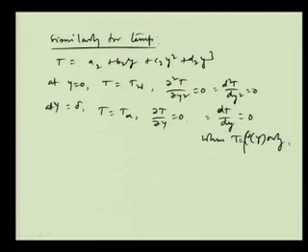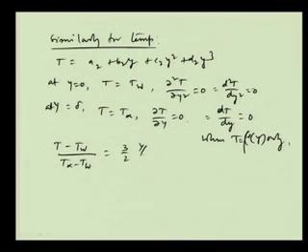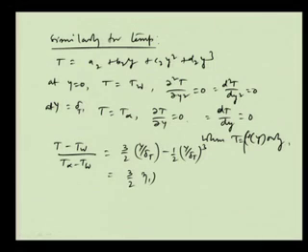Then, putting in exactly the same way, we can get T minus T w by T infinity minus T w, which is the temperature profile, and that should be 3 by 2 y by delta t, here it should be delta t, the thermal boundary layer thickness, minus half y by delta t whole cube. Okay. So, this is equal to 3 by 2 eta 1 minus half eta 1 whole cube, where eta 1 is equal to y by delta t. So, it is again dimensionless.